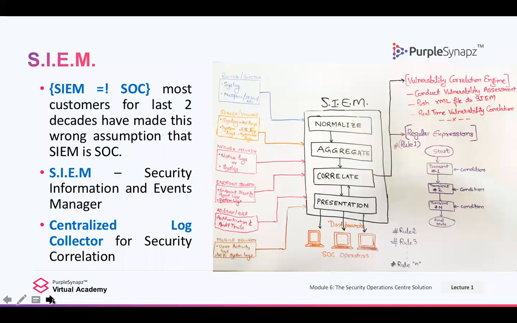Now, after this comes the aggregation. We understand that an event might have multiple instances which look similar, which are not giving any additional evidence. So, for example, I have tried brute force, or I have tried to compromise a user on a Windows machine.